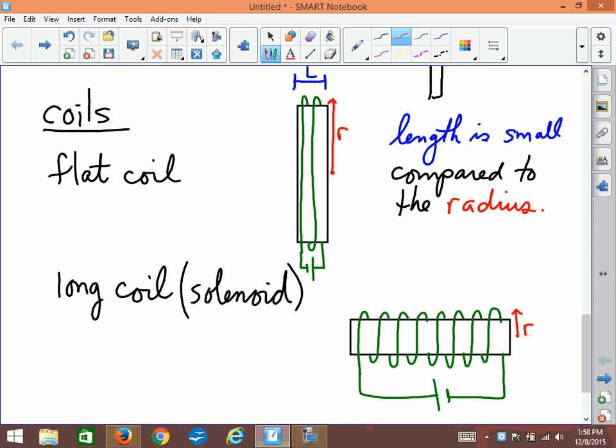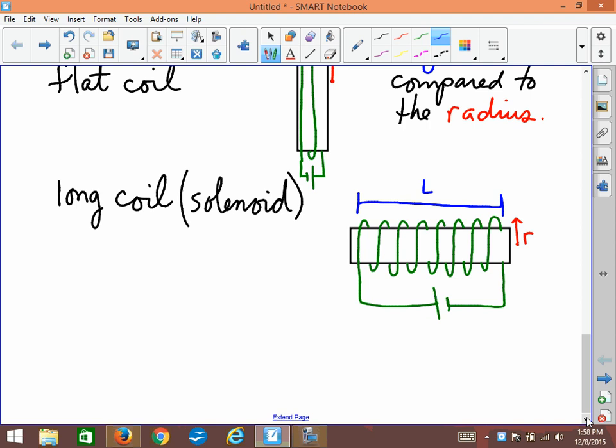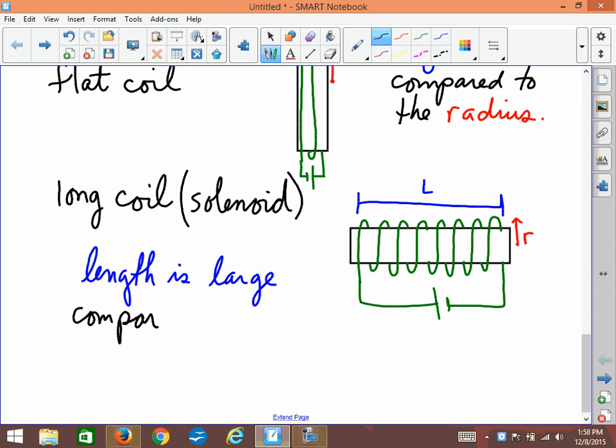If you were to look at it from the end, you'd see it was a circular shape, right? And the length of the coil now, you'll see here, is quite large. So it's the opposite. A solenoid or a long coil is one where the length is large compared to the radius. All right? In this case, these coils are longer, and it's the length of the coil that matters more. The radius isn't so much an issue anymore.